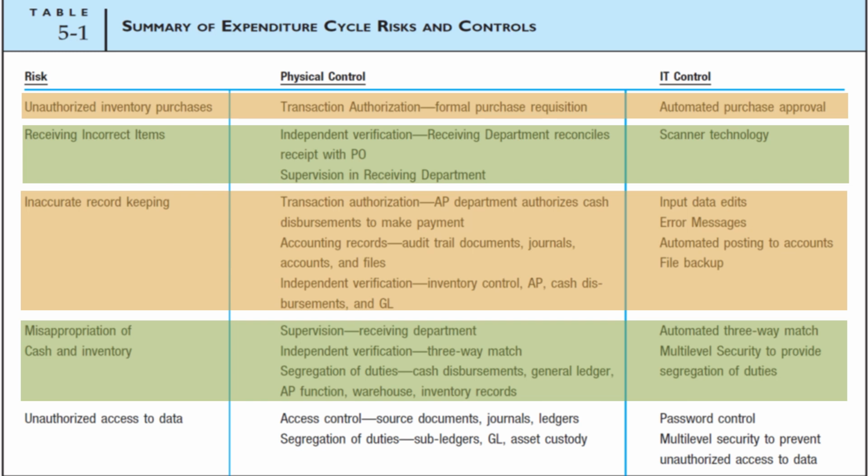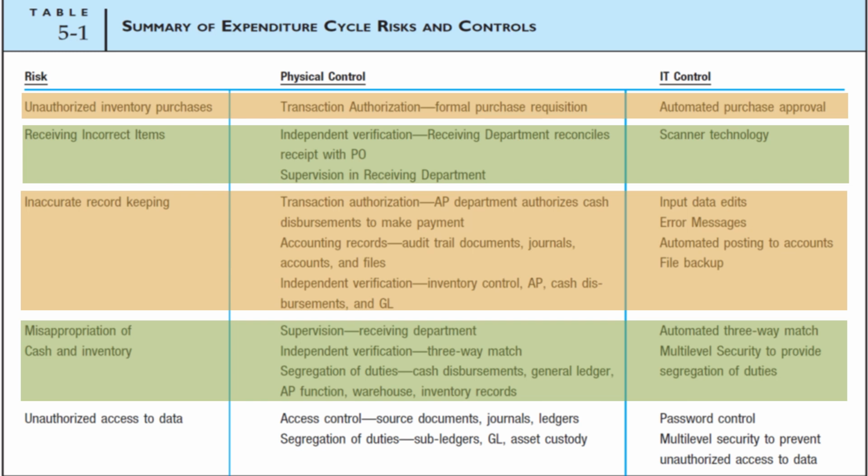Number three, sorry, segregation of duties. The cash disbursement, the general ledger, accounts payable functions, and warehouse inventory records should not be gathered in one function.